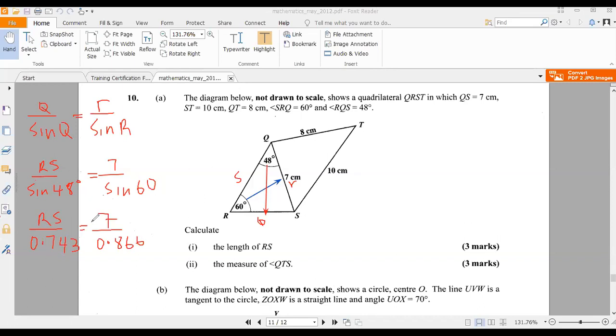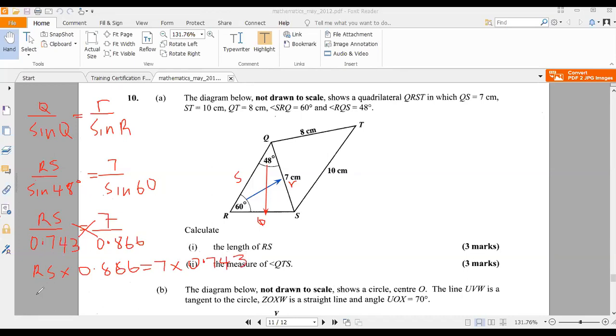Now remember that I want to find RS. So what I'm going to do is cross multiply. I'm going to put RS times 0.866 equal to 7 times 0.743.